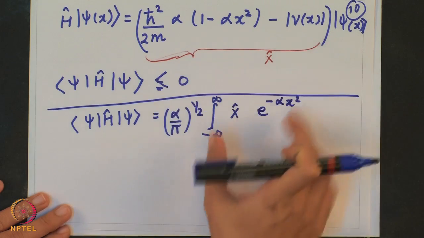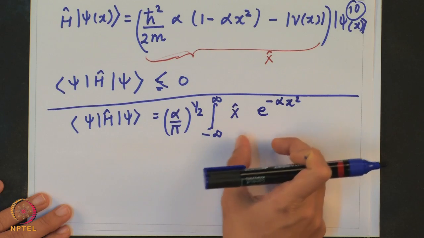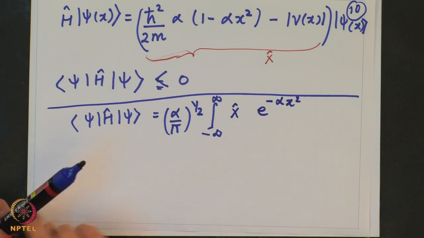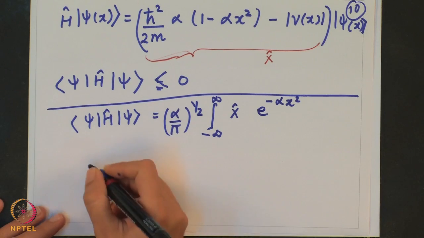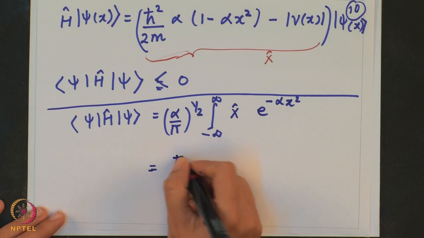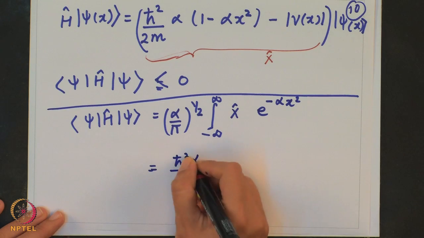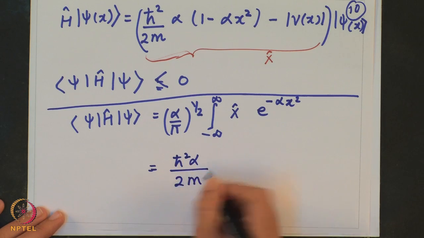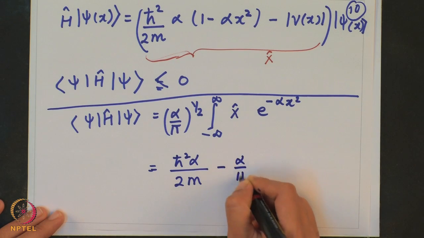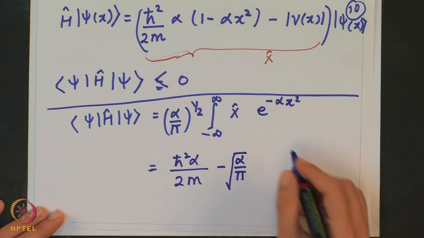This entire thing would come here, and then you have to perform the integration, and once you perform the integration, what you obtain is this expression upon 2m, where 2m we have picked up from there, times alpha upon pi.